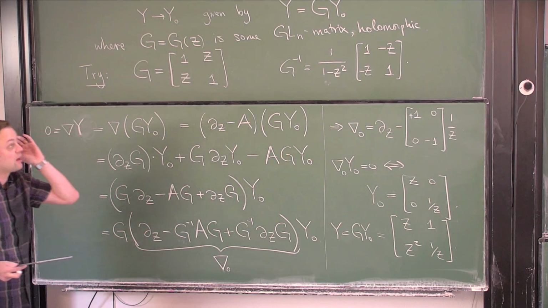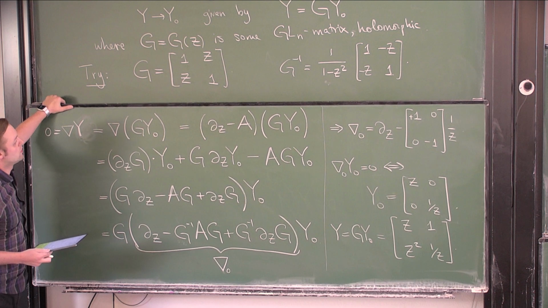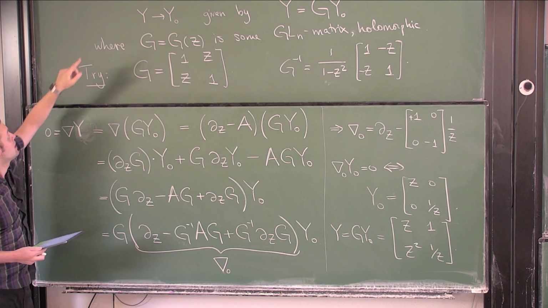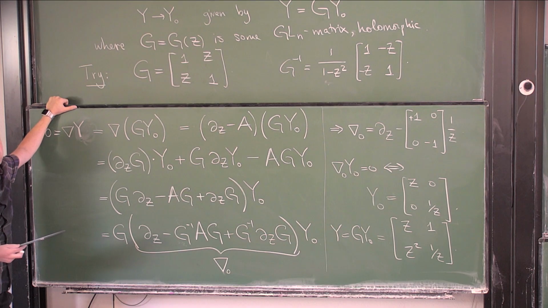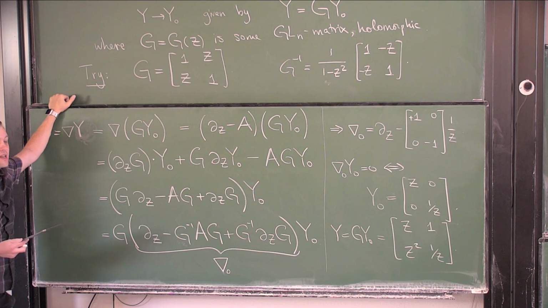I want you to take a second and appreciate that we just did something slightly remarkable here, because we solved a coupled system of two equations, albeit linear, first order. Nonetheless, they're a coupled system. You can think of it as essentially something like a second order differential equation.